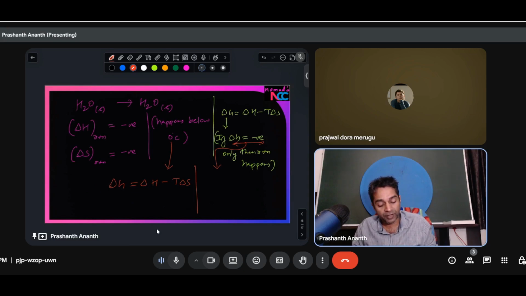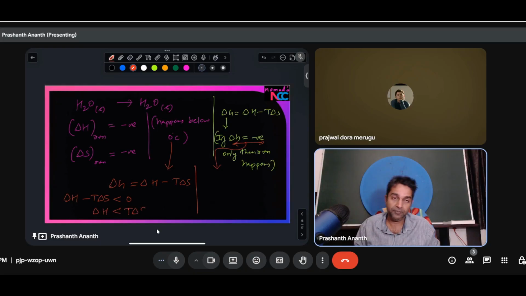So if I compare that with 0, delta H minus T delta S has to be less than 0. What does that translate to? That translates to delta H should be less than T delta S. Or we can say temperature should be, in this particular case, negative, na? Negative means not less than, it should be more than basically.